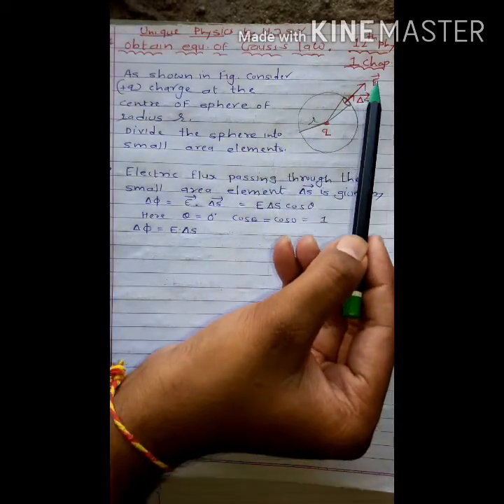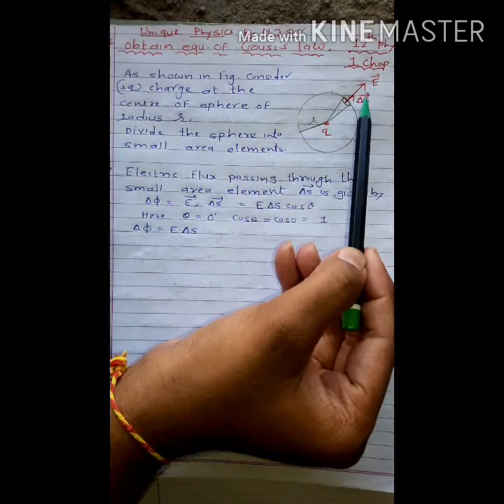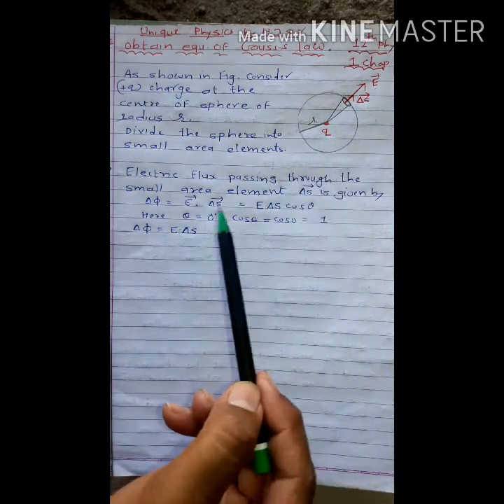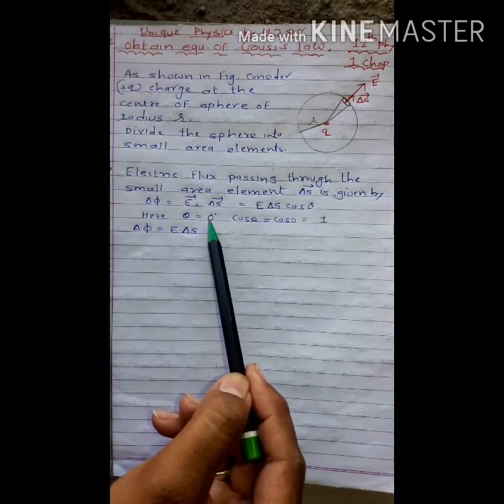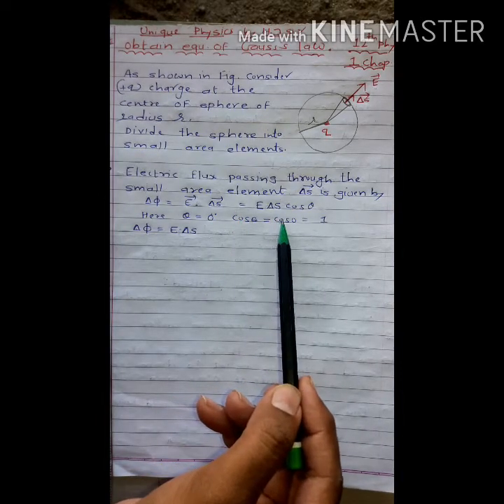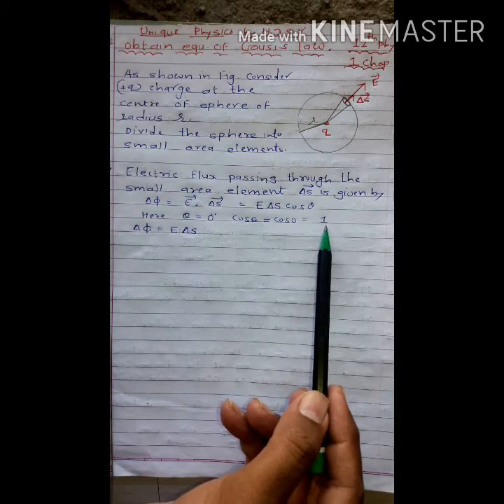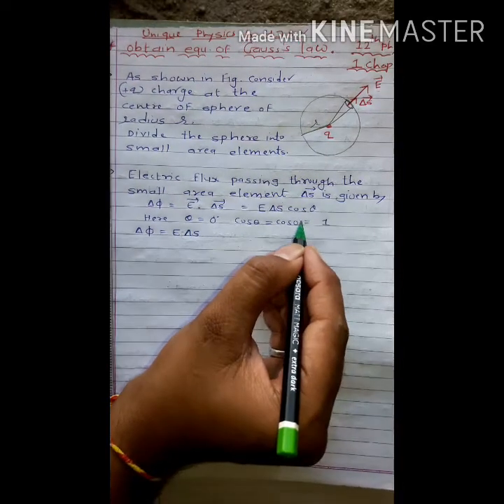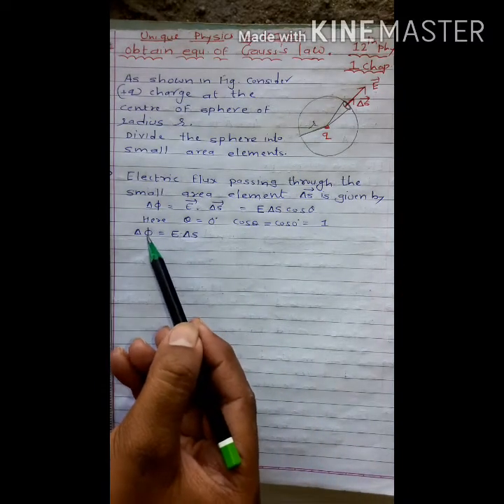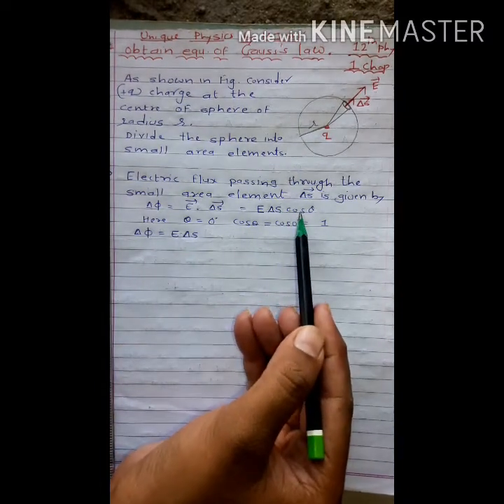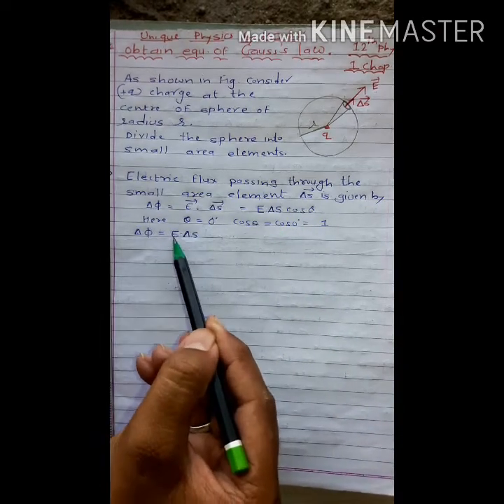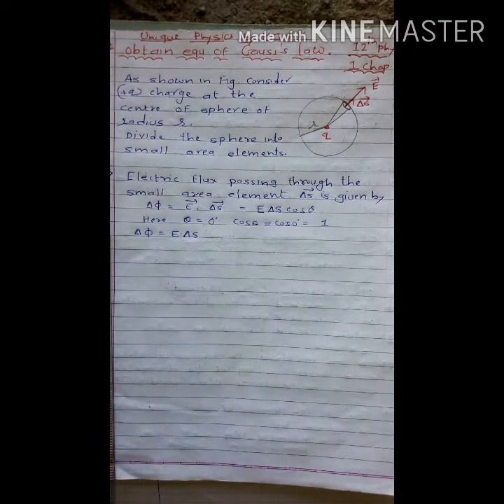See this figure carefully: vector E and vector delta S are in the same direction, so the angle between them is 0 degrees. So cos theta is equal to cos 0, which is equal to 1. So delta phi is equal to E into delta S.